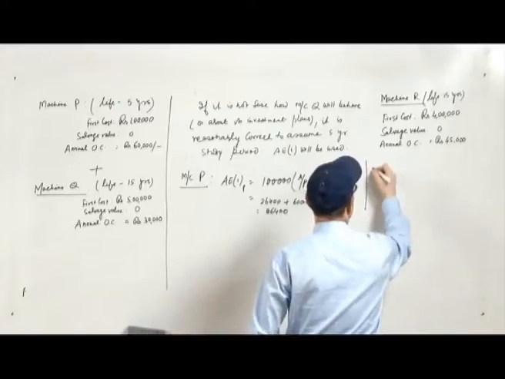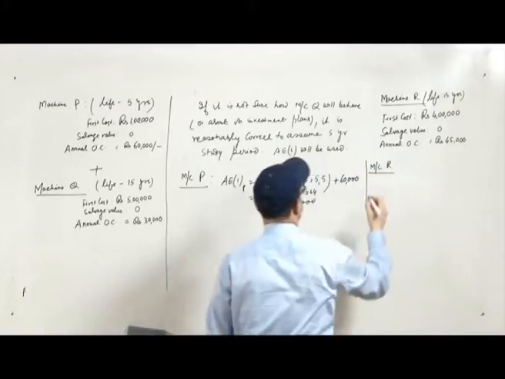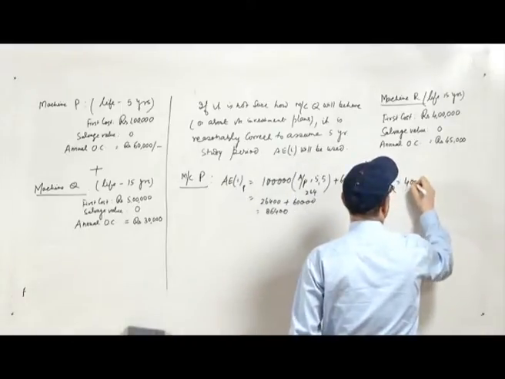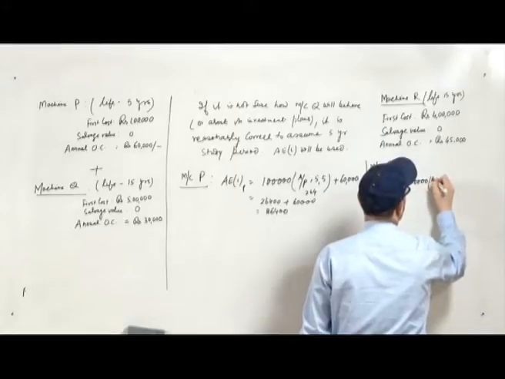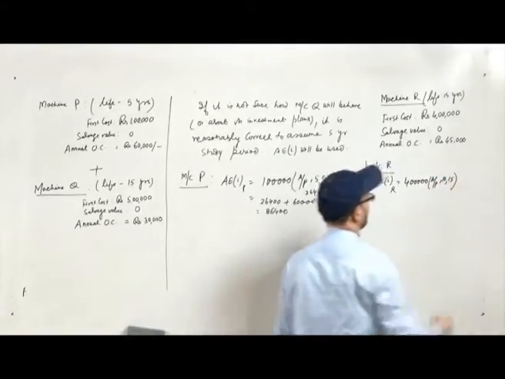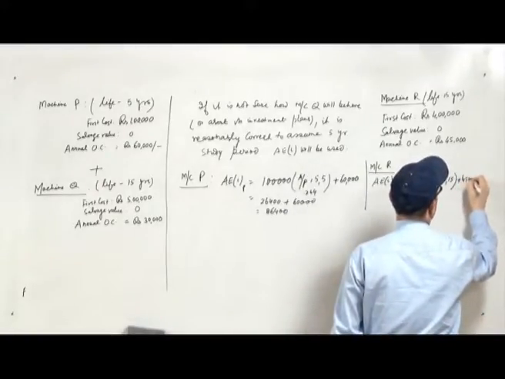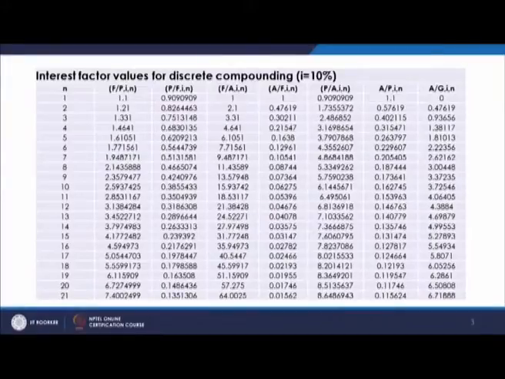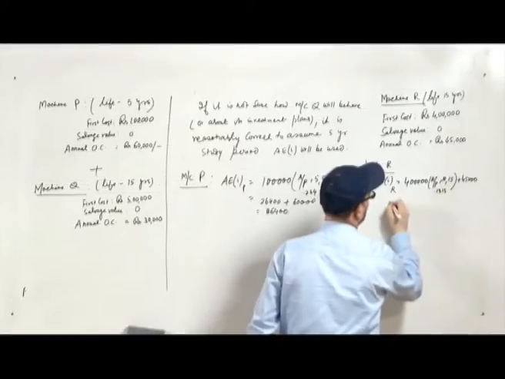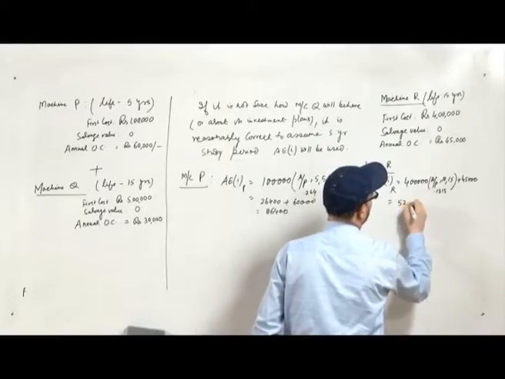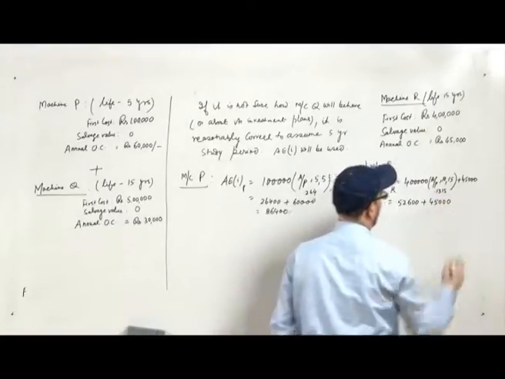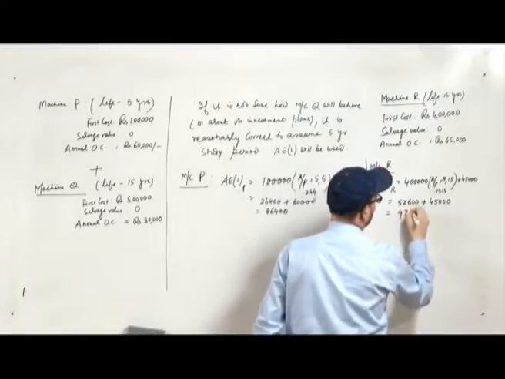Now, if we take machine R, the annual equivalent value for machine R will be 4 lakh A by P 10, 15 plus 45,000. A by P 10, 15 will be 0.1315. So, it will be 52,600 plus 45,000, so it will be 97,600.